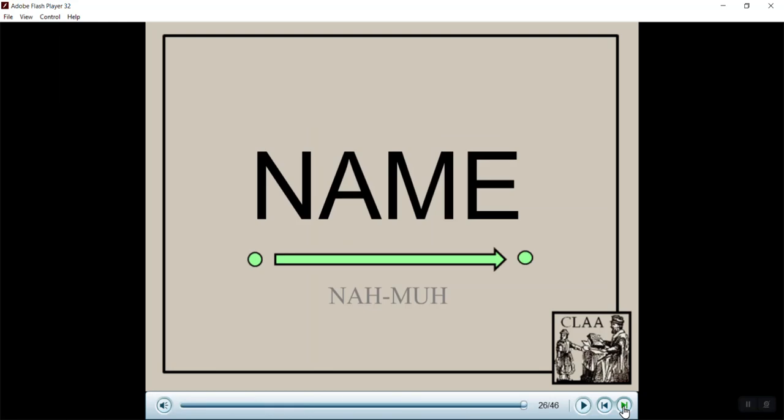You can see that this Middle English word has a final E, or schwa, at the end. Let's read this word together. Point to the green dot under the letter N, and we'll begin. Nama, nama, nama. Do you hear the final E? Nama.